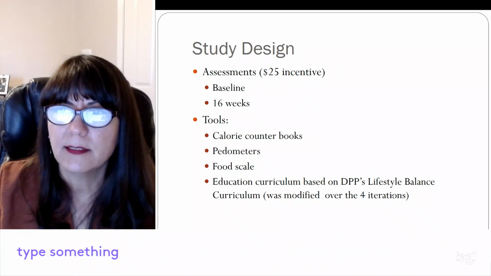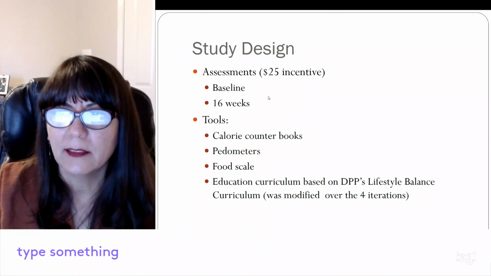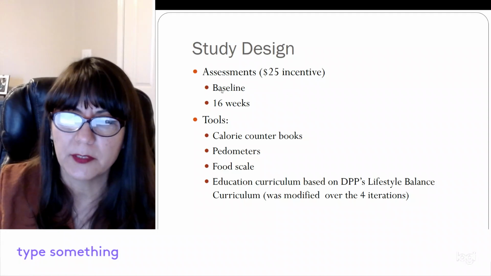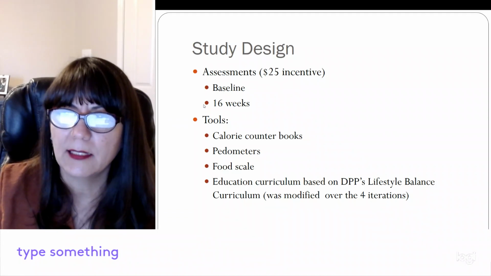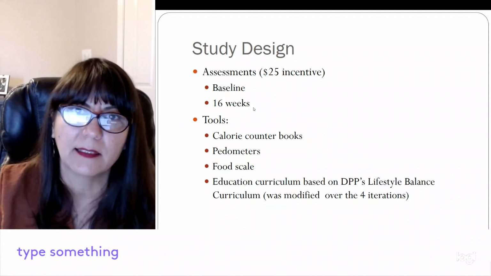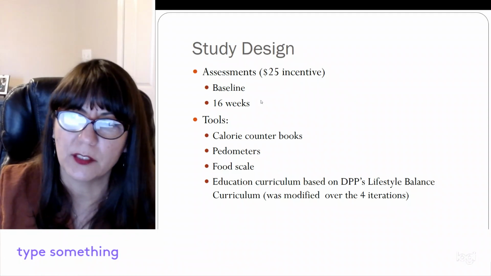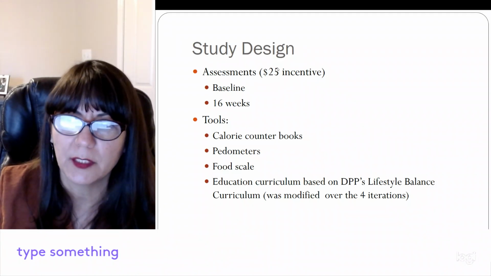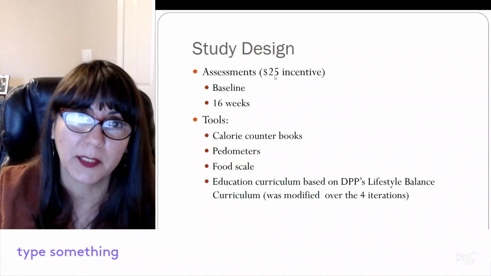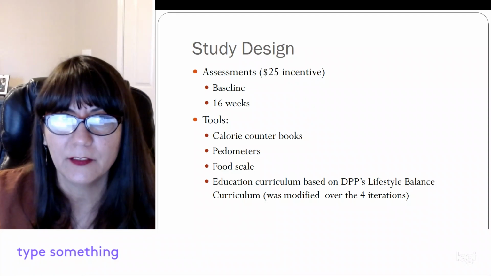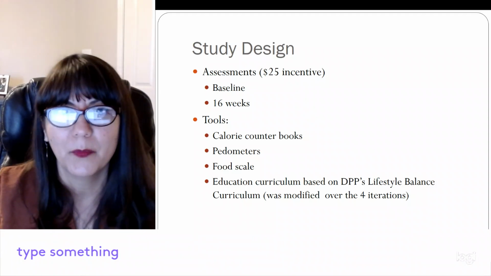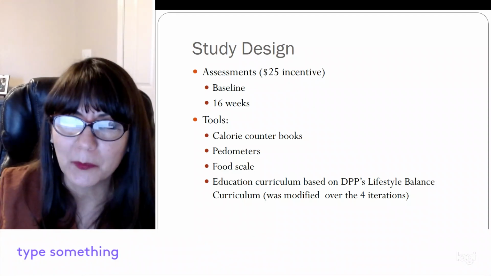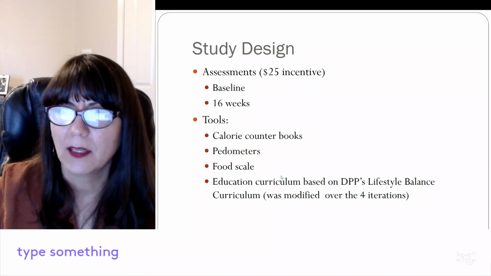So the study design was a baseline, then they received the intervention, which was 16 weeks, and then they did another assessment at the last session. And so they got $25 to complete those evaluation assessments, which is really important because you want to make sure you're able to collect the data so you can demonstrate, hopefully, what will be positive outcomes.